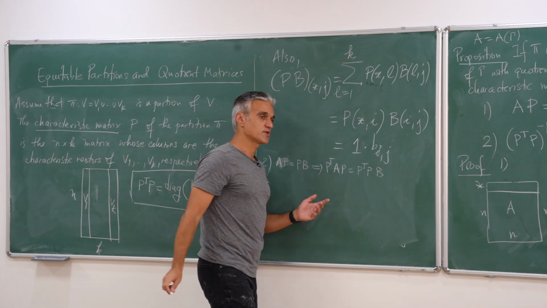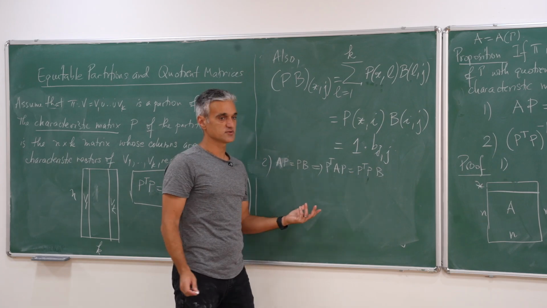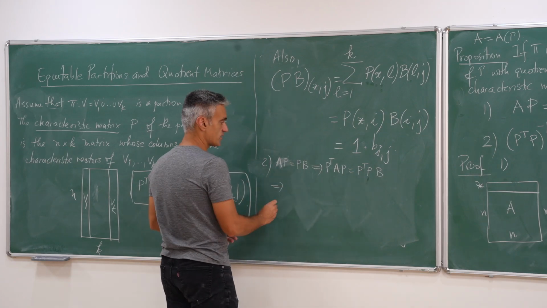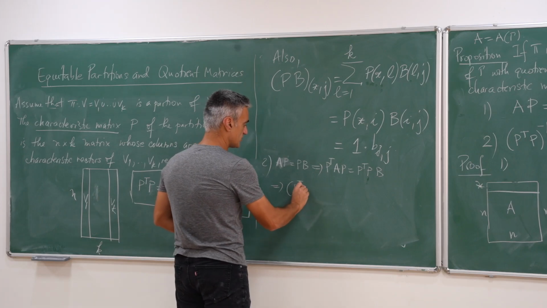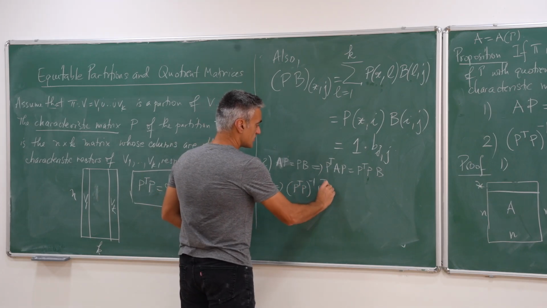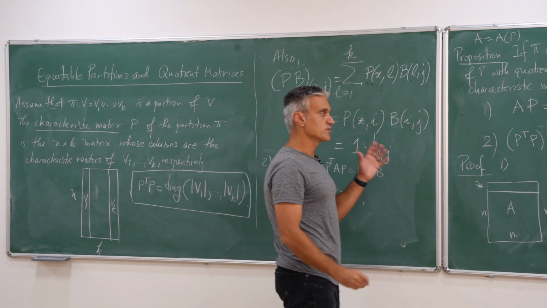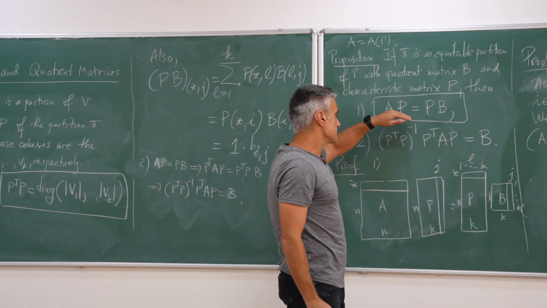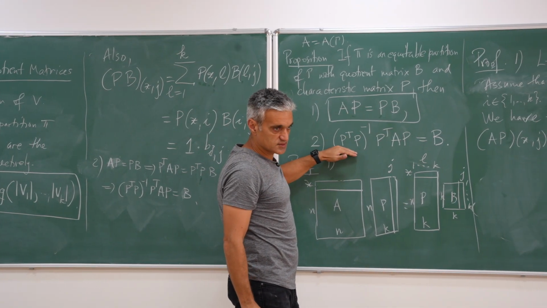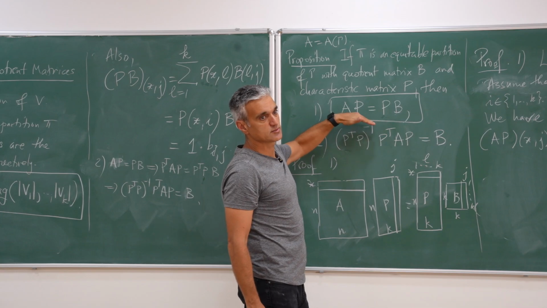And the reason you multiply to the left is that you create here something that is invertible. And now you can get rid of it. So then you multiply to the left by the inverse of P transpose P. So you get this weird formula and you get B. The key one to remember is this one. We'll use this one in a second, but if you get this one, then this one it is. So you have to remember that equitable partitions essentially will be the same thing as this.